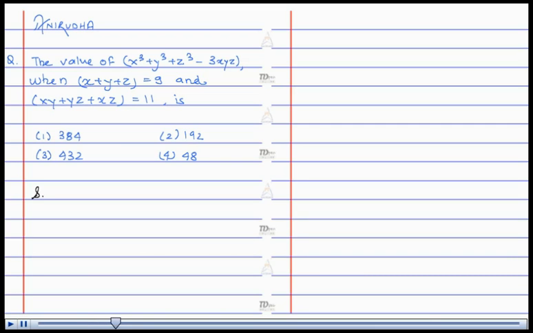We have to find the value of x cube plus y cube plus z cube minus 3 times xyz.